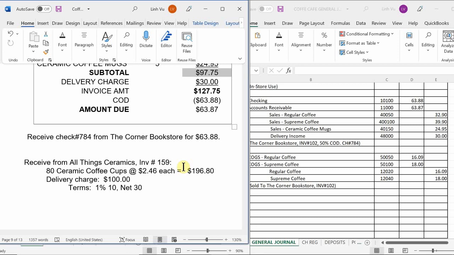So you would use accounts payable and ceramic. I have to look for it. Yeah, ceramic coffee mugs. What kind of inventory tracking method am I using for the ceramic coffee mugs? Periodic. So how do I recognize periodic inventory?